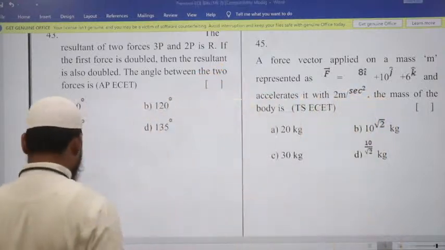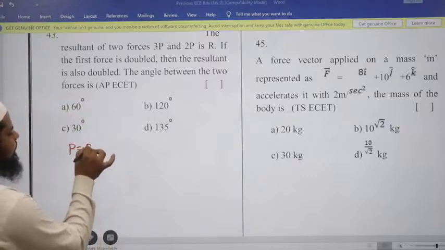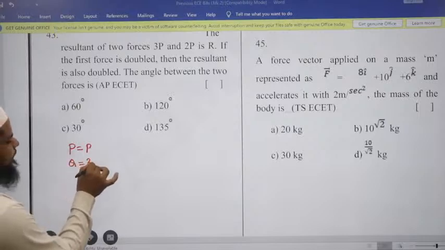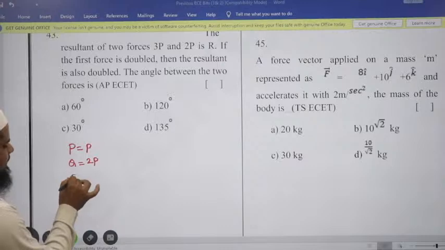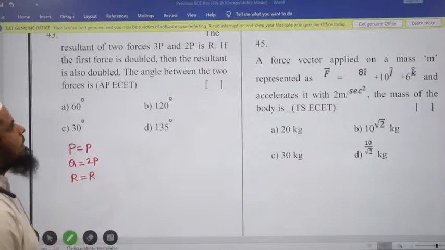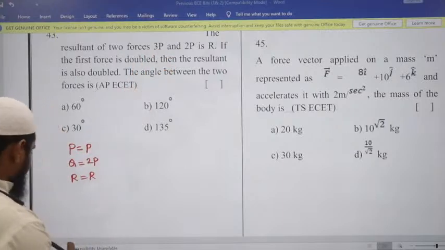So let us see here. P is equal to P and Q is equal to 2P and R is given as R in the first case. So P is equal to 3P.